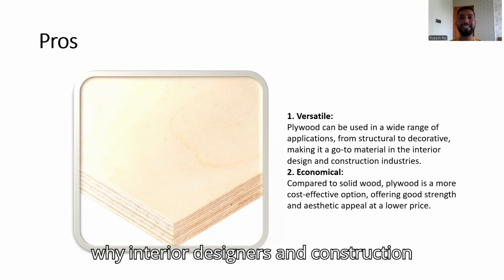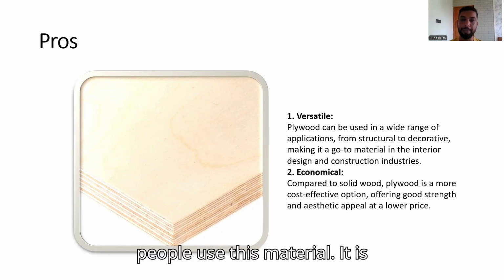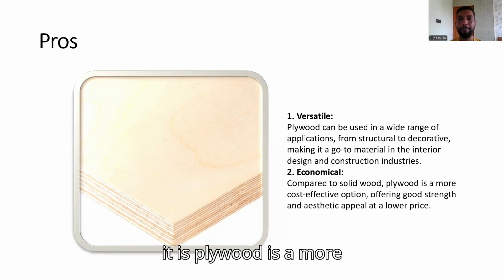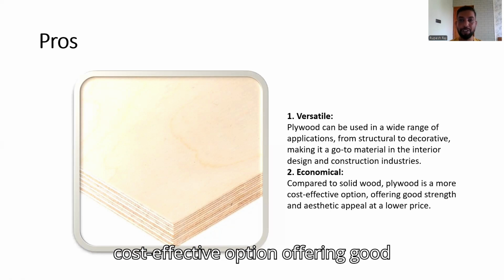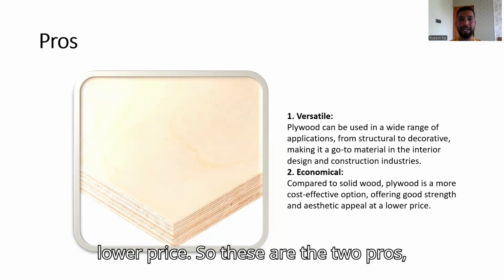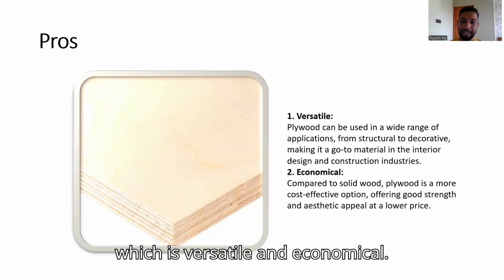That is why interior designers and construction people use this material. It is economical compared to solid wood. Plywood is a more cost-effective option, offering good strength and aesthetic appeal at a lower price. So these are the two pros, which are versatile and economical.